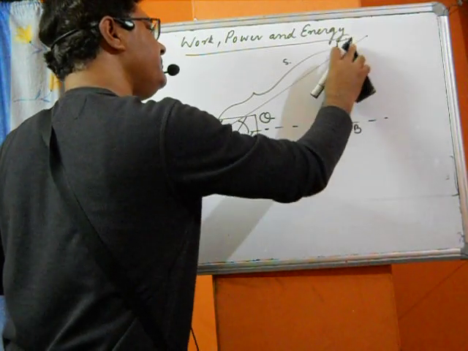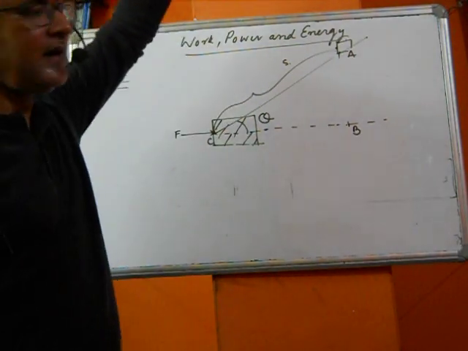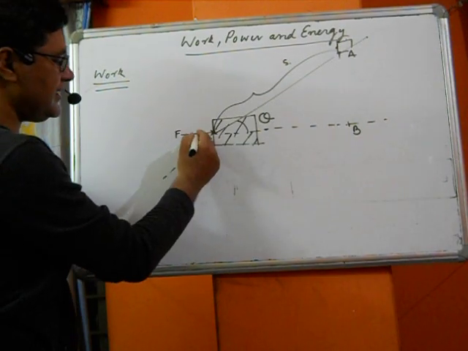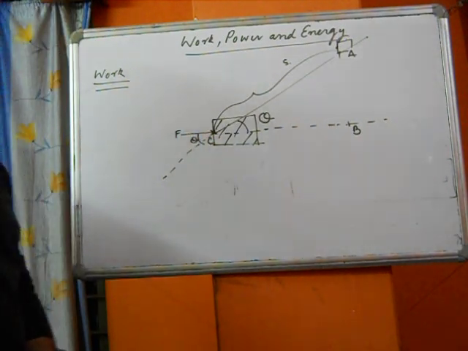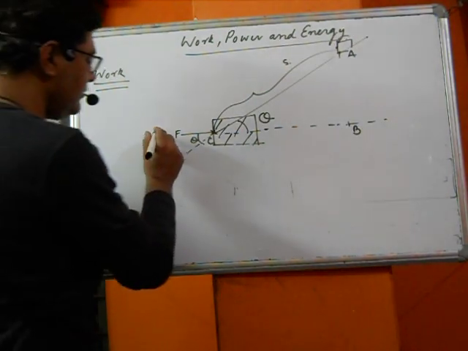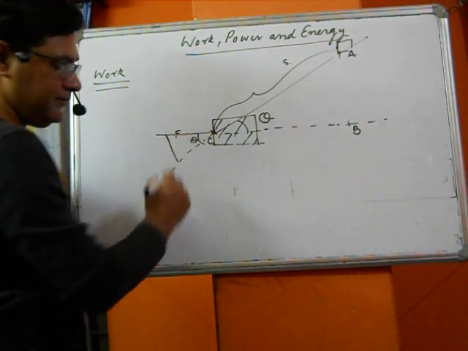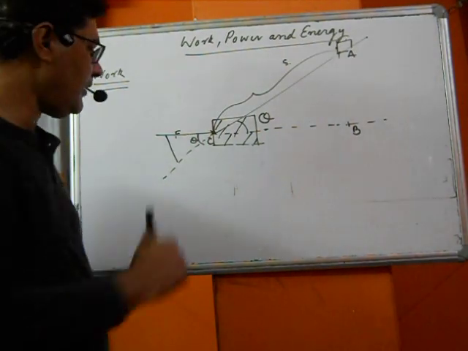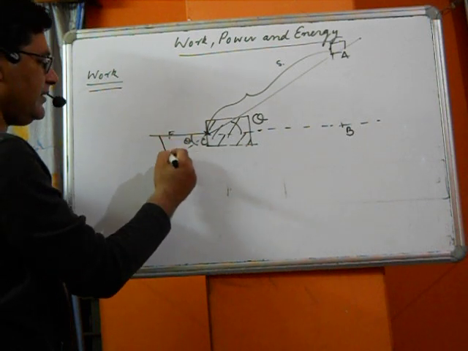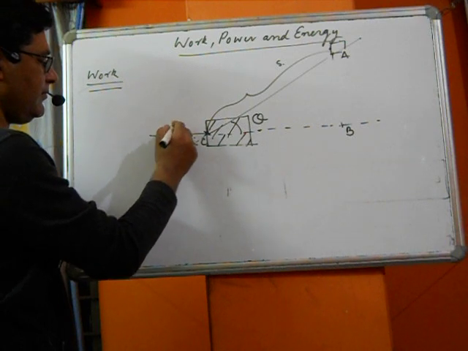I am using the same diagram. I applied the force on the object. It made an angle theta with the displacement. So if this is theta, this will also be theta. Now this is my force applied, F. Let me draw a perpendicular from this point to the displacement.